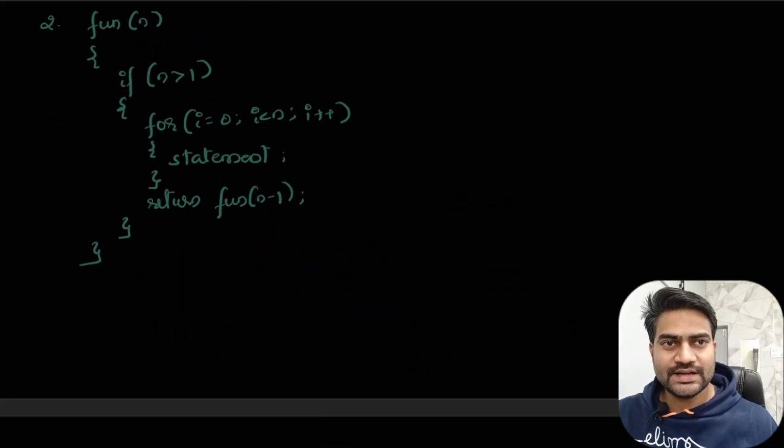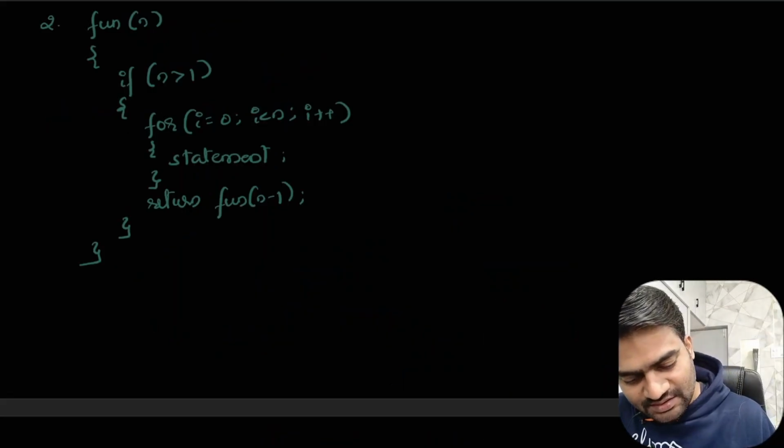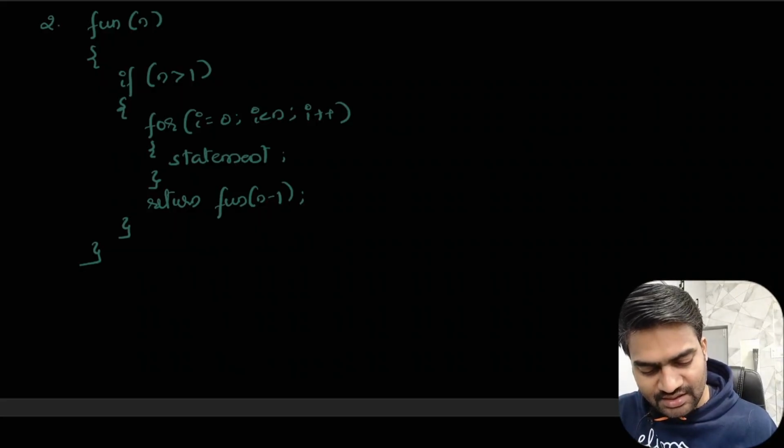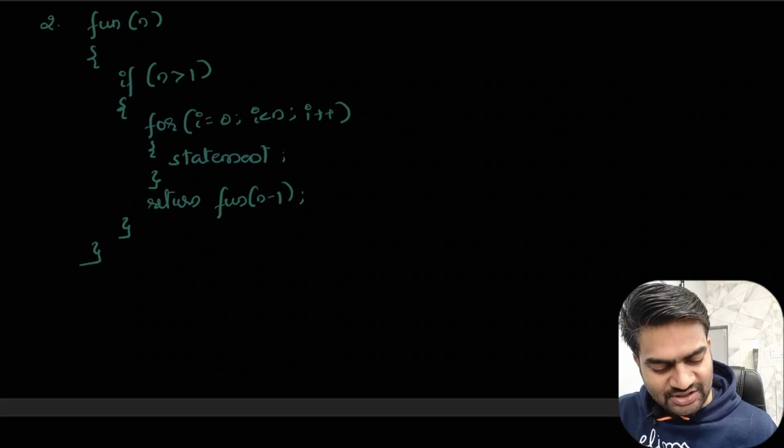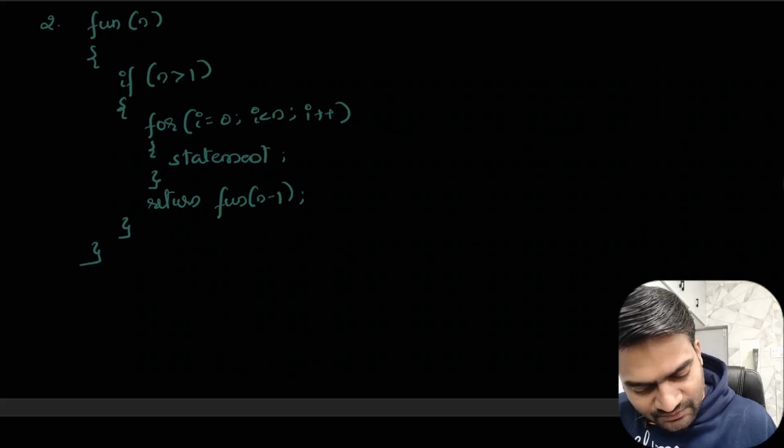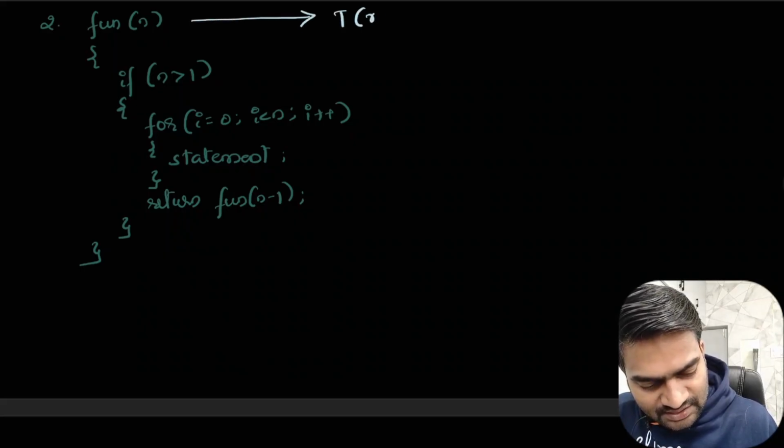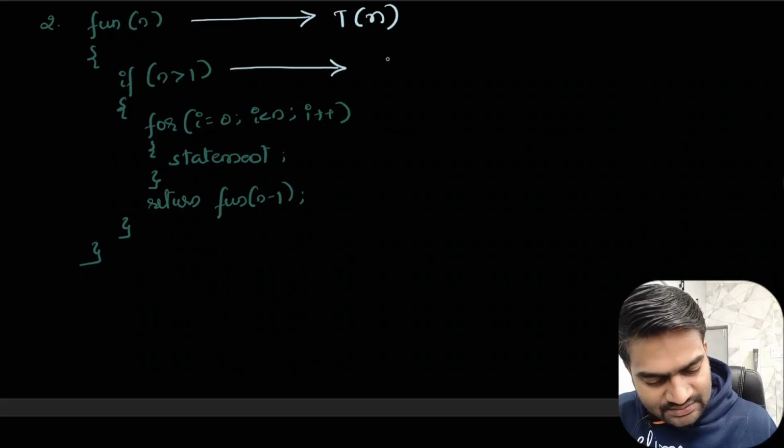This is our second example. In this one we have function n, and if n is greater than 1, then it does something, and after that it will call function n minus 1. So for function n, if t of n is our time function, then for this one it will take order of 1 unit of time.